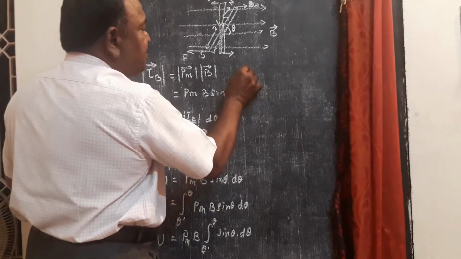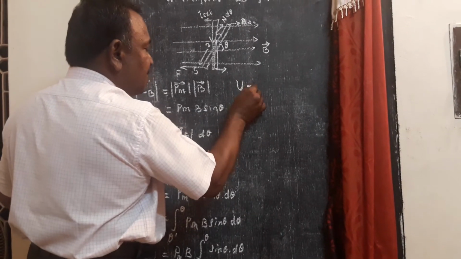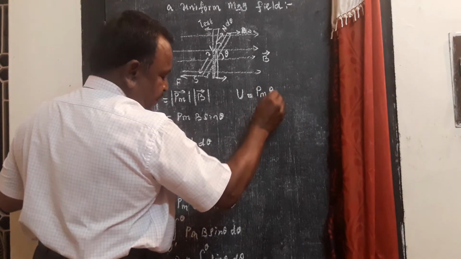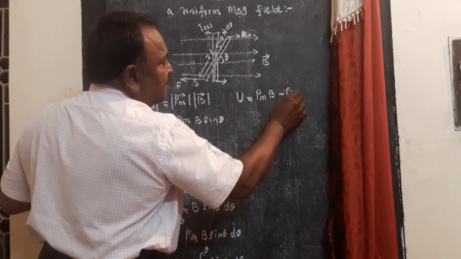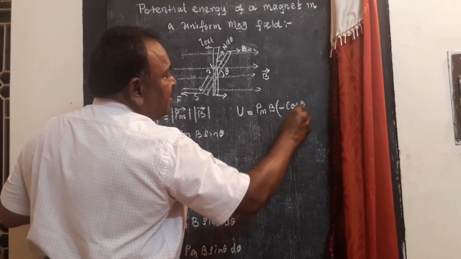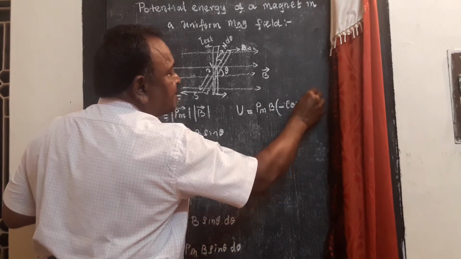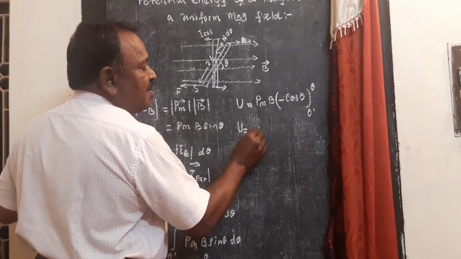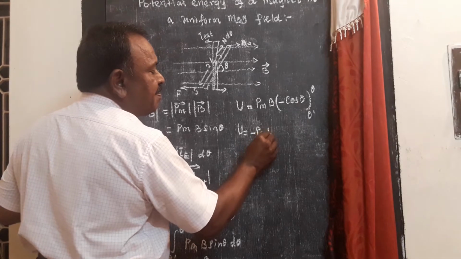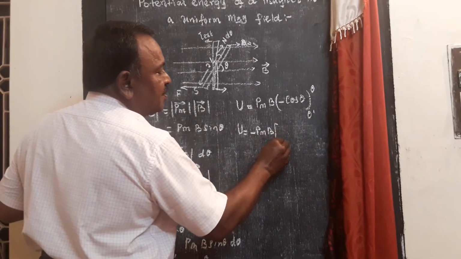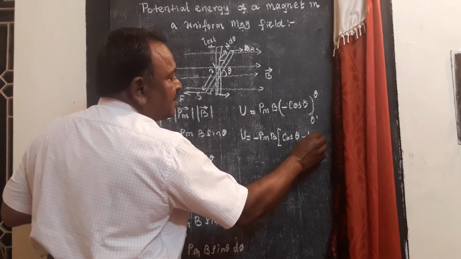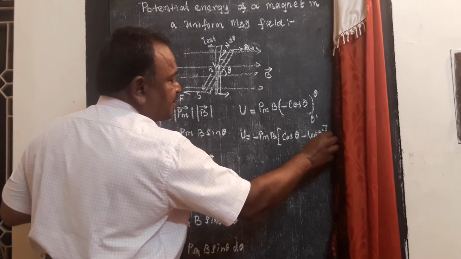Or potential energy U is equal to Pm B into minus cos theta between the limits theta dash to theta. So applying the limits, you will have minus Pm B into cos theta minus cos theta dash.